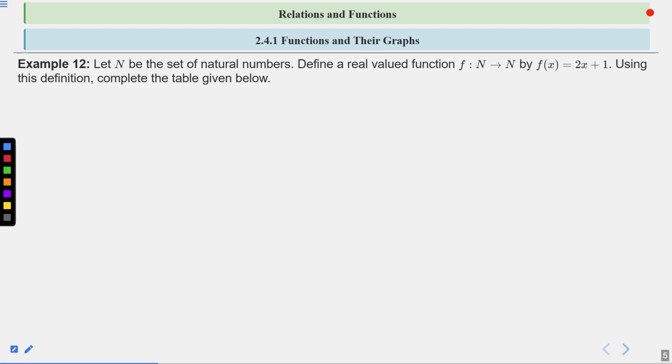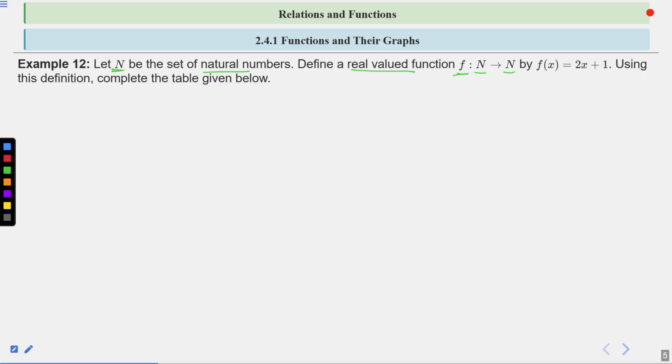Now, this example. N represents the set of naturals, this capital N. And we are having a real valued function F from N to N, defined by 2x plus 1.